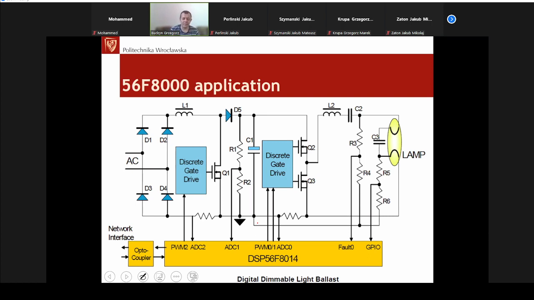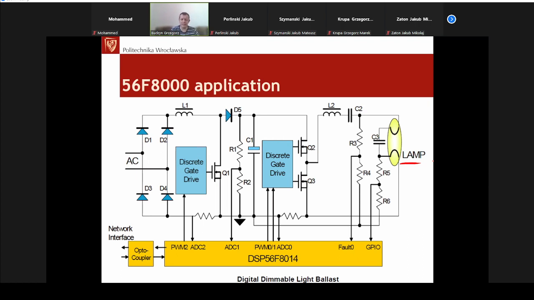Another sample application: a digital dimmable light ballast. If we have headlamps, the discharge lamps, they need a special ballast for operation. Otherwise, the plasma is unstable. For effective operation, these lamps are used, for example, as a UV source.